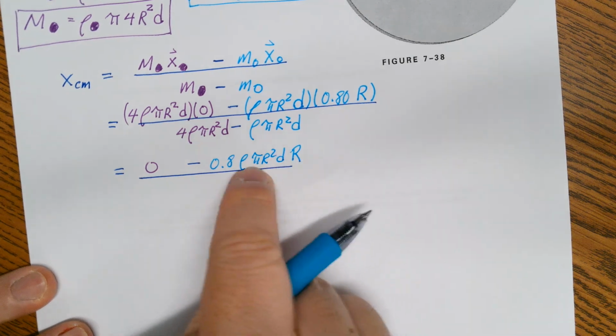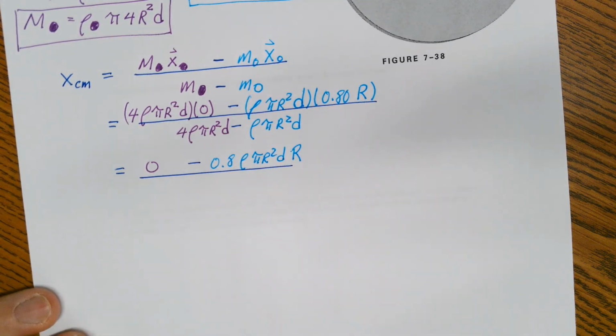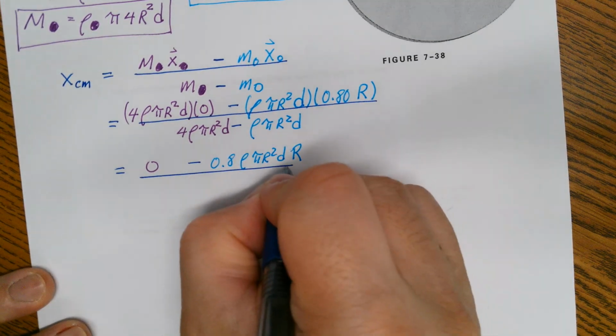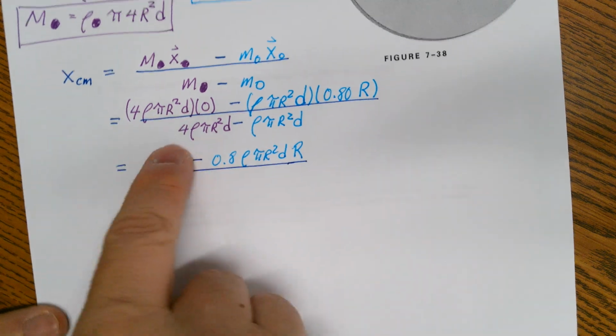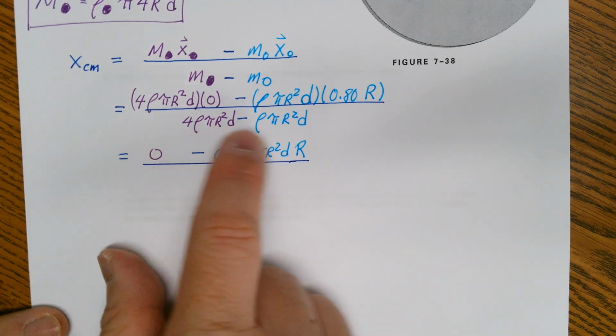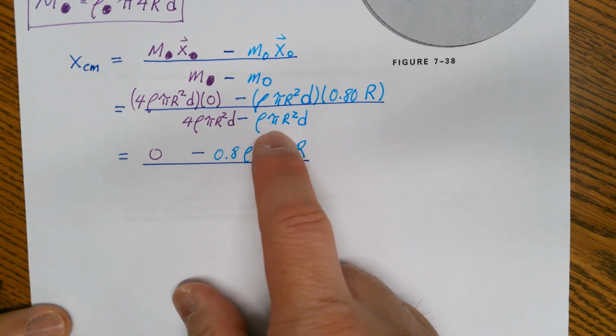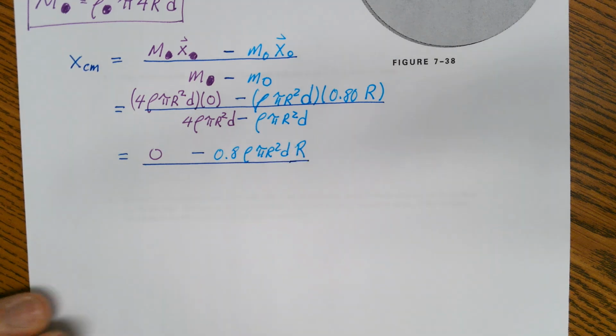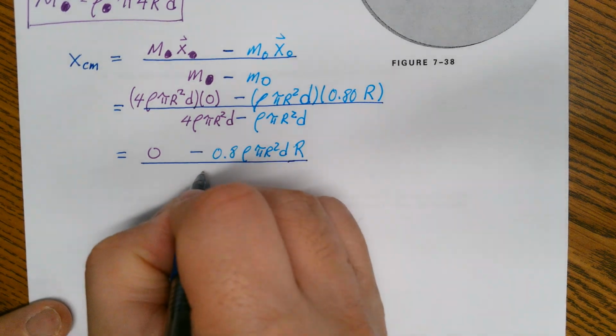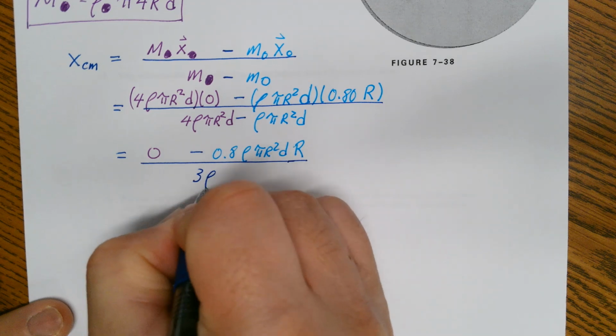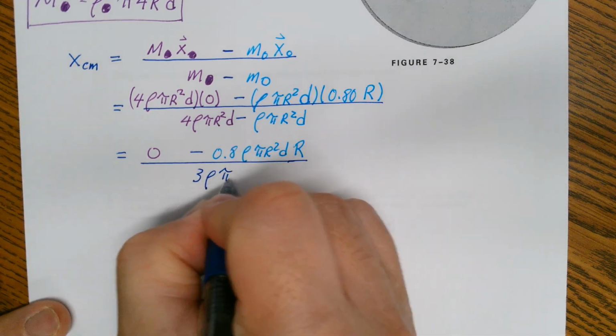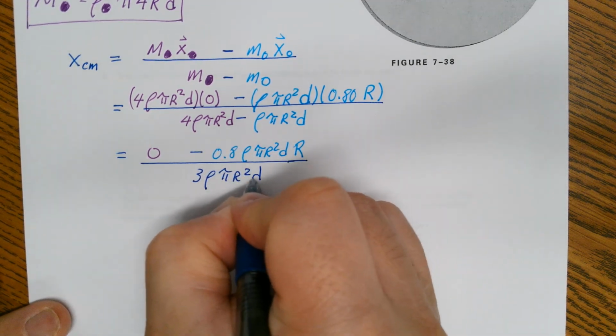Now I did not put these r's together because you'll see why later. Here I got 4 rho pi r squared d minus 1 rho pi r squared d, so I should get just 3 rho pi r squared d at the bottom.